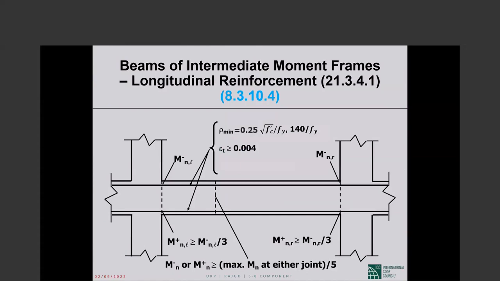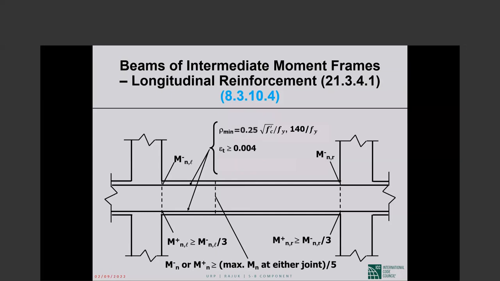Okay, intermediate moment frame beams. The top as well as the bottom reinforcement. Here, the 21.3 section does not say two continuous bars top and bottom, but I will show you that that is required by section 21.2, which applies to design category B and higher.